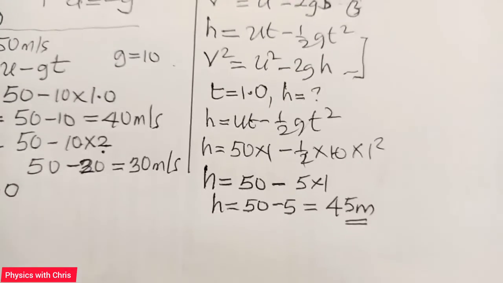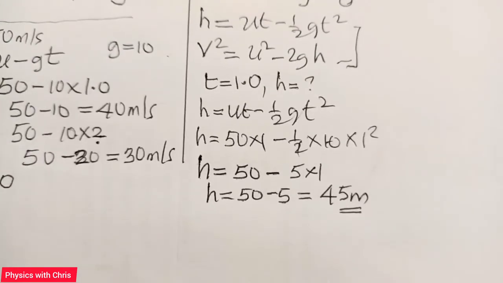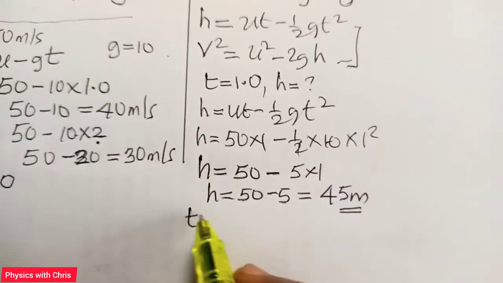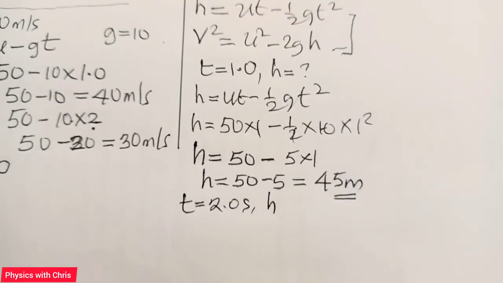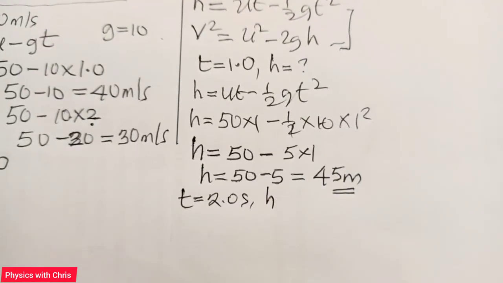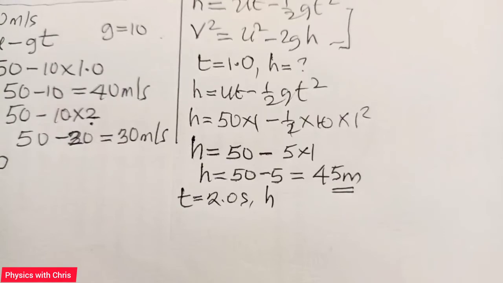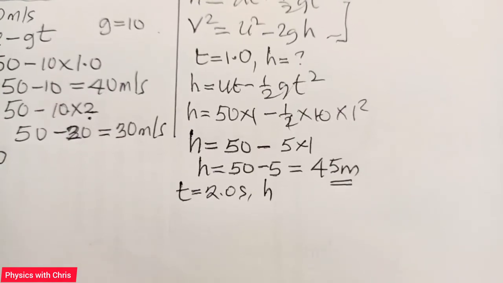And then 2 seconds later, what's the position of this body relative to the ground level? Time t equals 2 seconds later, what's its height above the ground level? What's the distance risen after 2 seconds?